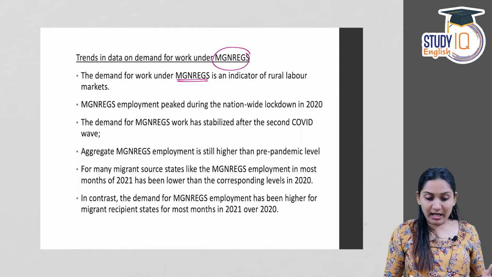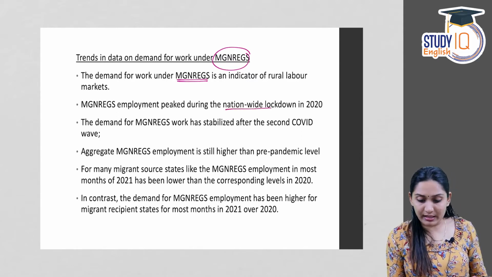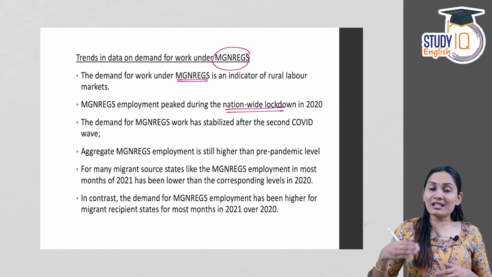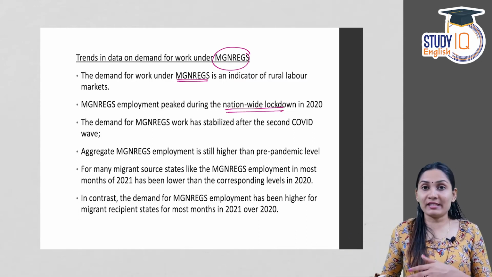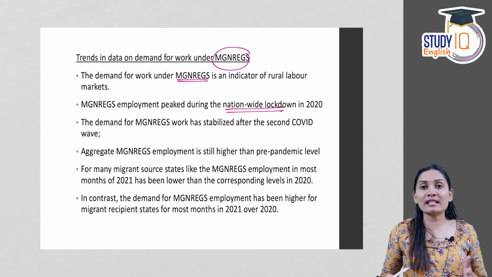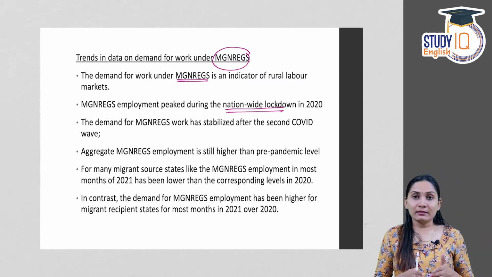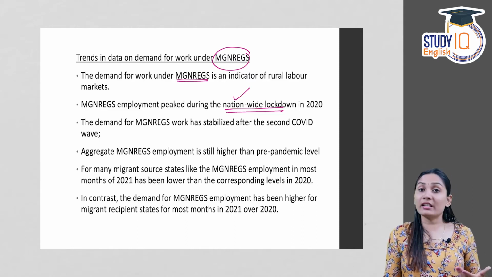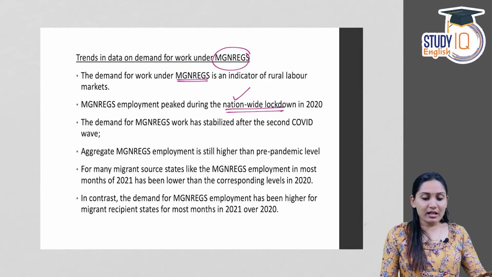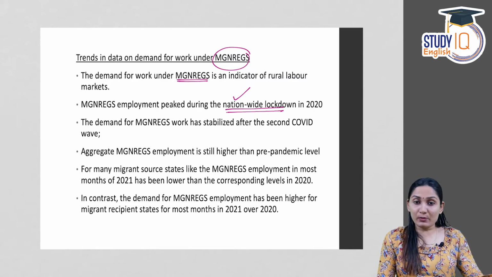The MGNREGA employment peaked during the nationwide lockdown. Why? Because during the lockdown, there was no opportunity to do economic activities outside. Almost all the sectors of the economy were completely locked down. So during the nationwide lockdown, the MGNREGA employment peaked. It was the highest.